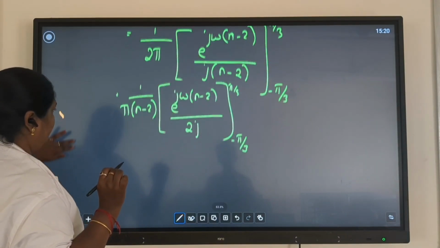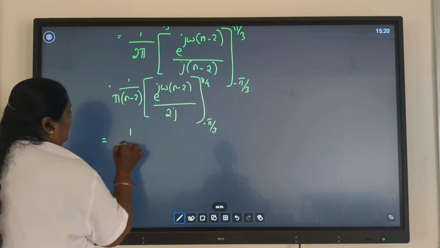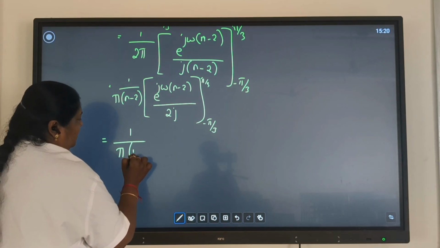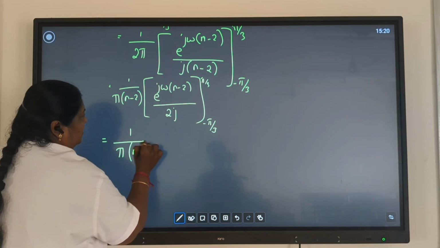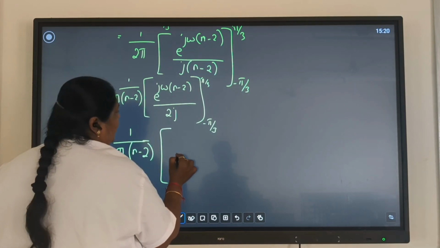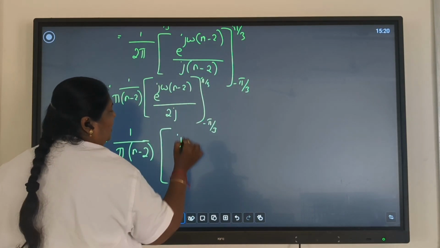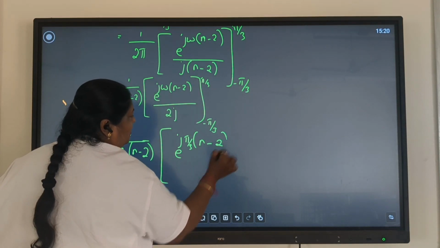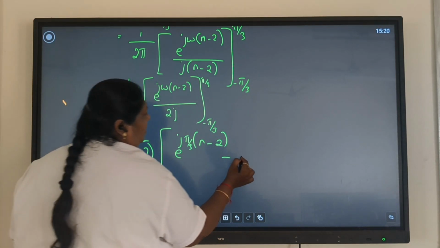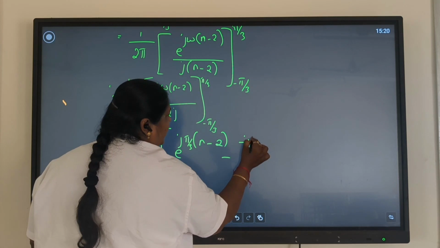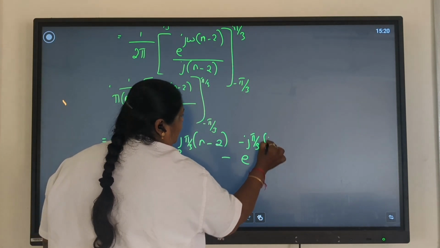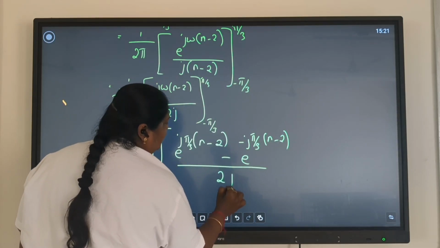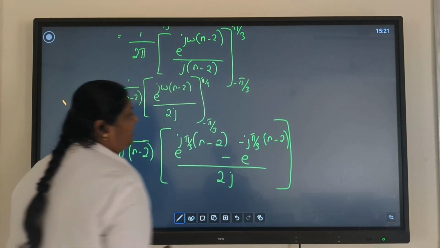Next, let me substitute the upper and lower limits: 1 divided by pi into n minus 2, open the bracket, e power j omega, upper limit value is pi by 3 into n minus 2, minus e power lower limit value, minus pi by 3 into n minus 2, divided by 2j, close the bracket.